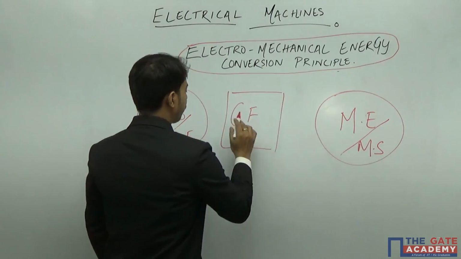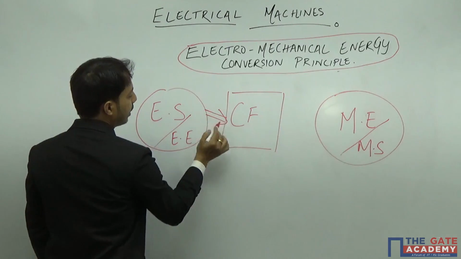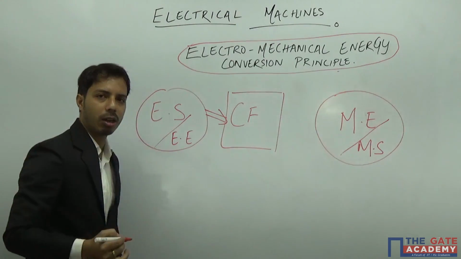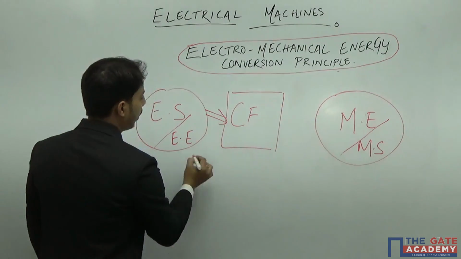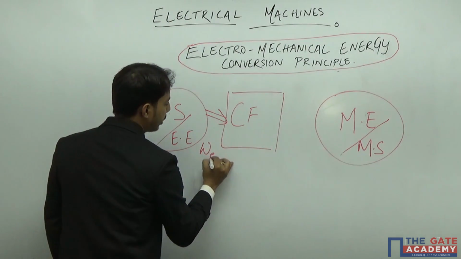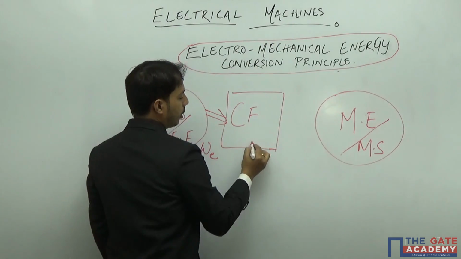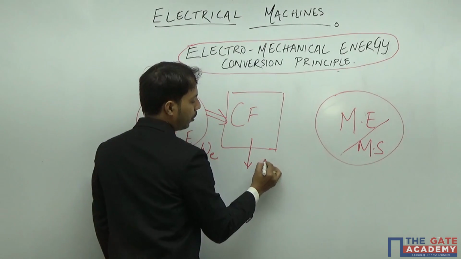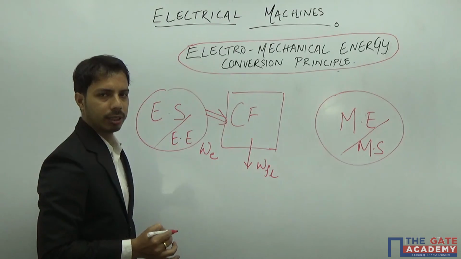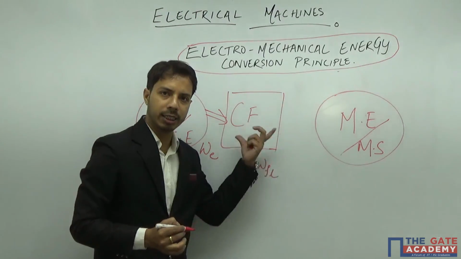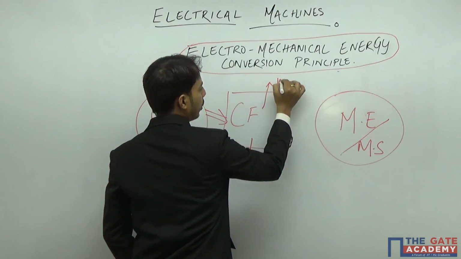Also, let us take an example of a motor where the input is electrical energy. Let us say the electrical input energy is WE here. The field energy that is stored here, we can write that as WFL. That means the energy which is stored in this field.